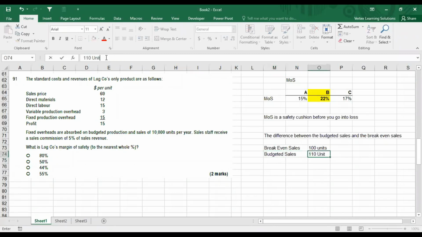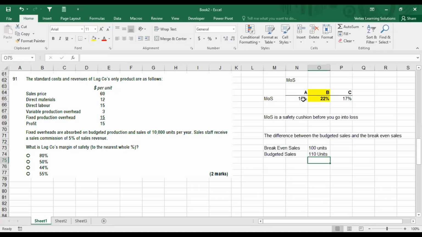So in this case, your margin of safety is approximately 10%, which means that if your sales drop by 10%, you will go into loss. Now that is a very small margin of safety. With an 11% decrease in the sales volume, you are making a loss.